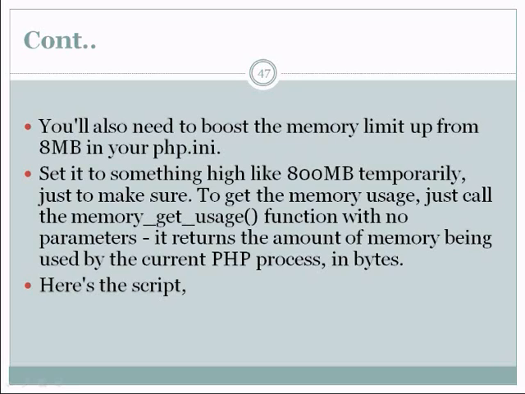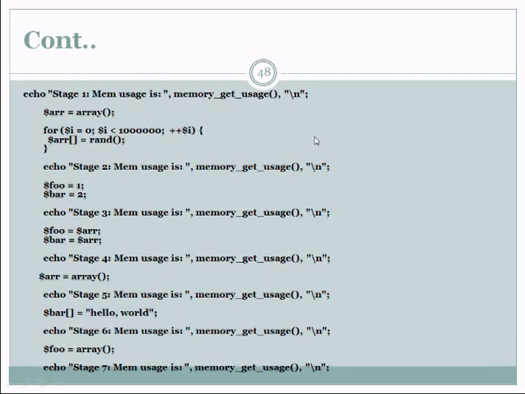To get the memory usage, just call the memory_get_usage function with no parameters. It returns the amount of memory being used by the current PHP process in bytes. Here is the script. For those of you without the will or the way to do that, I ran the script for you. Here's what I got.